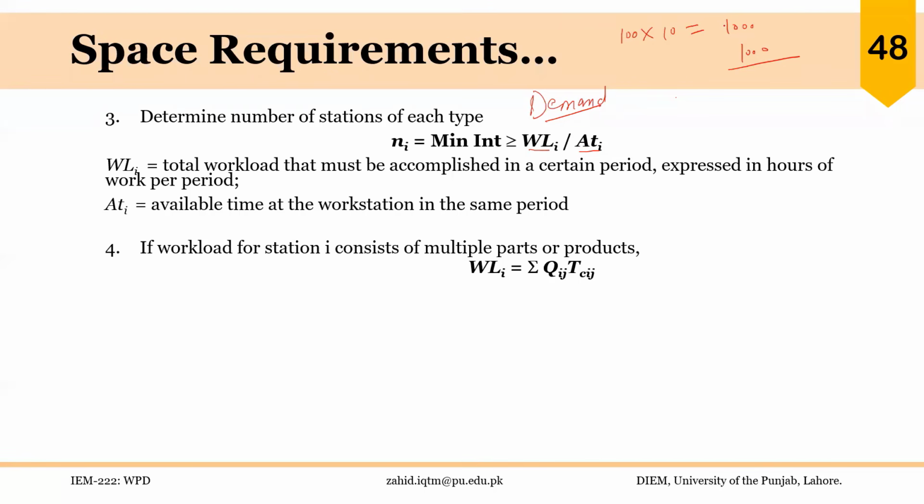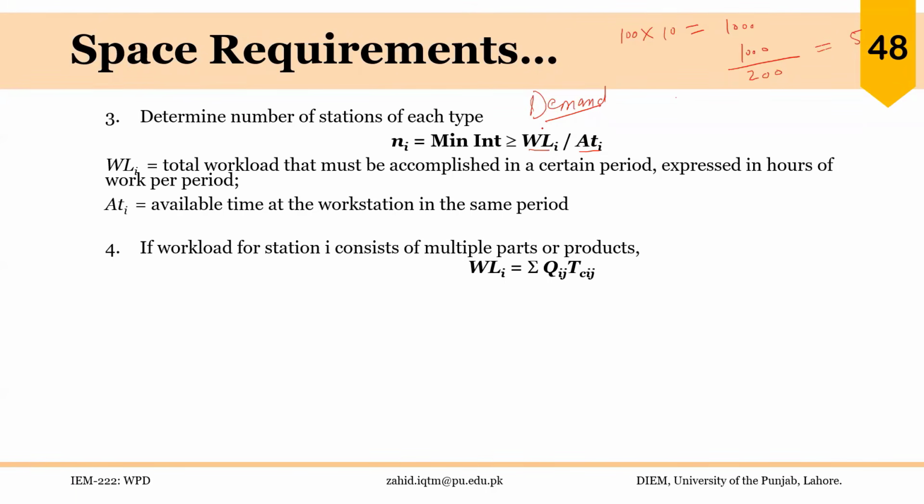If this workload is for a month, then we have to take available time for a month as well. If workload is for a day, we have to take available time for a day as well. So we have to keep the units consistent. So if the workload is say 1000 hours, and for example, available time during that duration is 200 hours, then we will require 5 machines, 5 workstations.